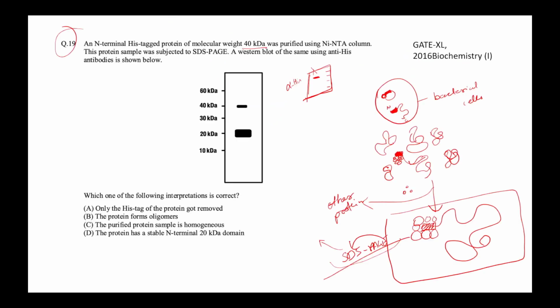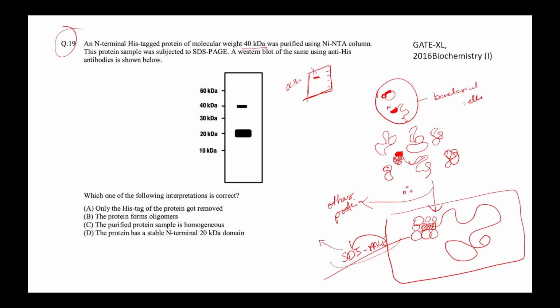Here, not only is there a 40 kilodalton band, they are getting another band that corresponds to 20 kilodalton. So they are getting two bands, instead of one band corresponding to 40 kilodalton.